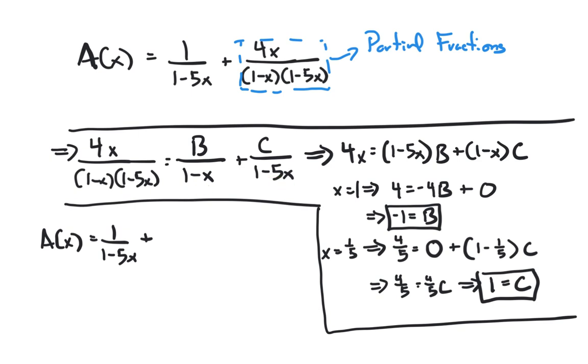So this is going to be negative 1 over 1 minus x plus 1 over 1 minus 5x, which we can simplify to 2 over 1 minus 5x minus 1 over 1 minus x.